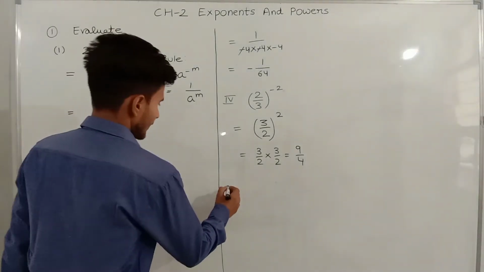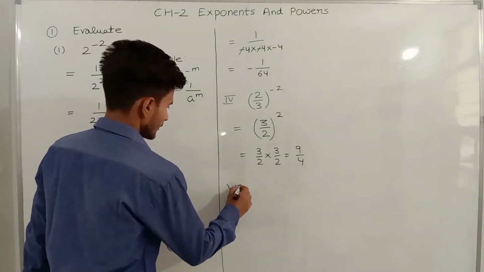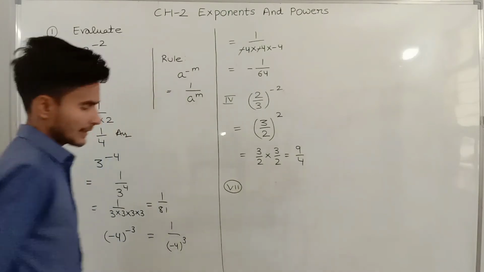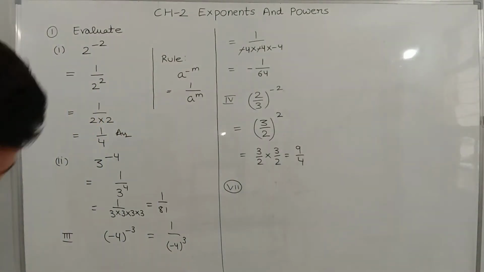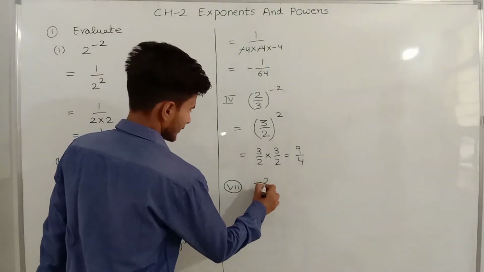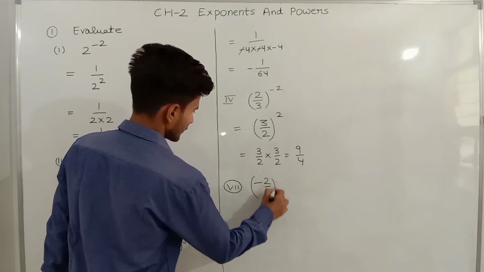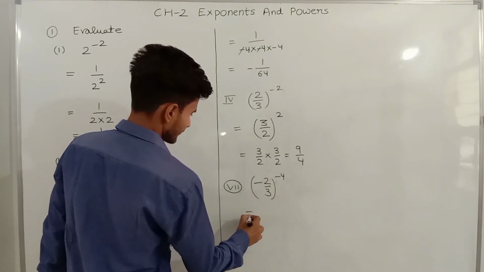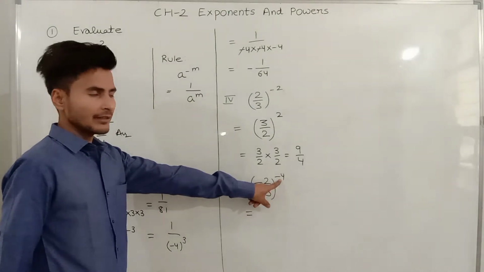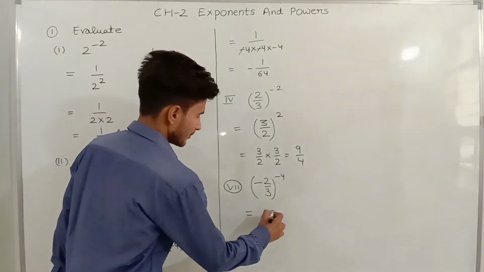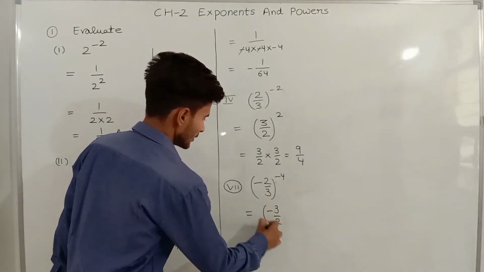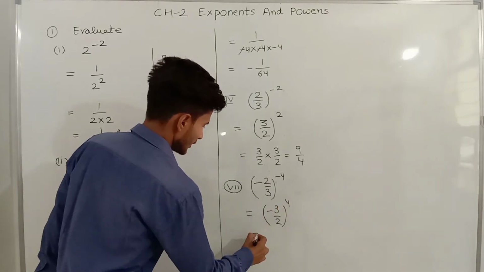I am doing one more part, that is the 7th now. 7th part is -2 by 3 whole power -4. Again power is negative and you have to make it positive. So it will become -3 upon 2 whole power 4.